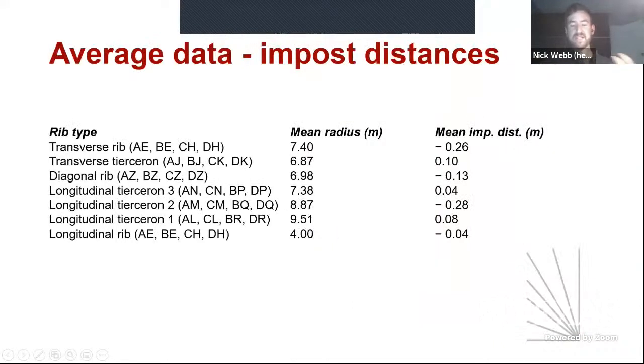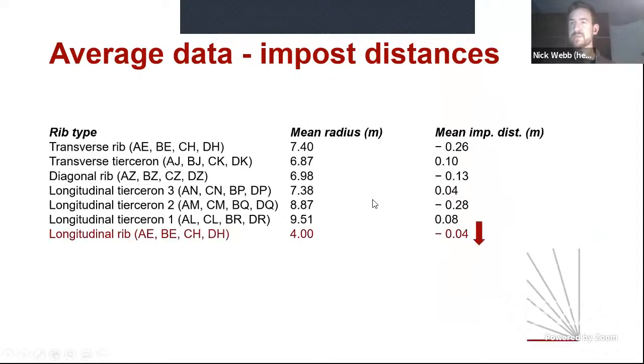And we can also start to see this in our data. So the critical bit here is the right-hand column. So this is the average impost distance, the arc center in relation to the impost distance. So typically, if we saw this kind of data, we would assume that all arc centers are meant to be somewhere along the impost line. But actually what we're seeing is really subtle differences pushing the arc center either above or below.